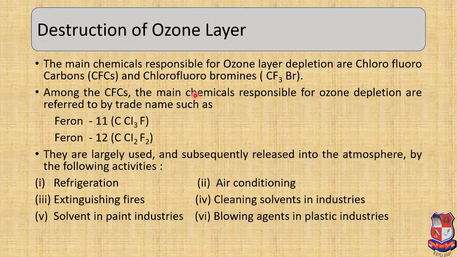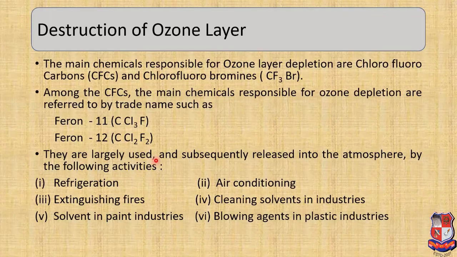Now moving forward towards the next topic, that is destruction of the ozone layer. The main chemicals responsible for ozone layer depletion are chlorofluorocarbons, normally called CFCs, and chlorofluorobromines. Among these CFCs, the main chemicals responsible for ozone depletion are referred to by trade names such as Freon 11 and Freon 12. Their chemical compositions are written here in the brackets.